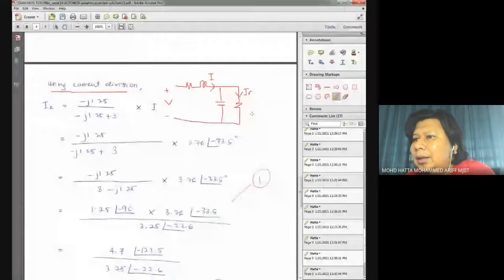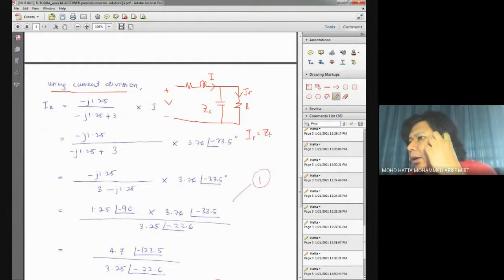If you look at the solution here, to find IR, let's say this is ZC, okay, this is R. IR is given by ZC. We take the value of components in the opposite branch.